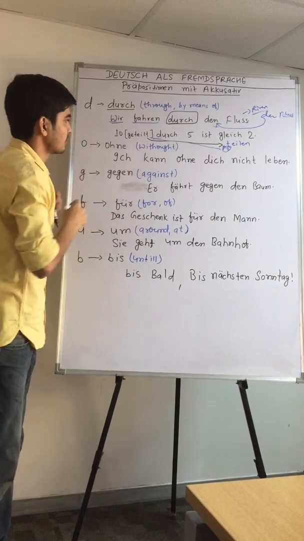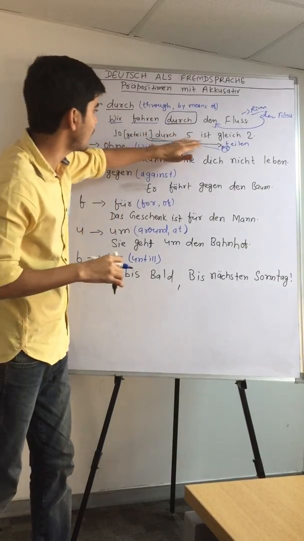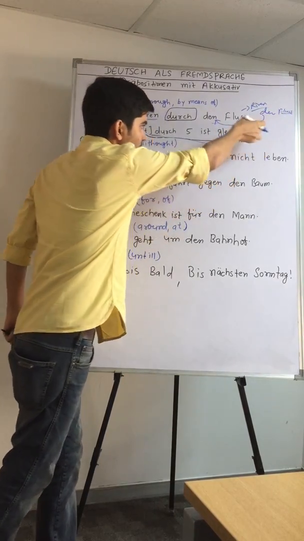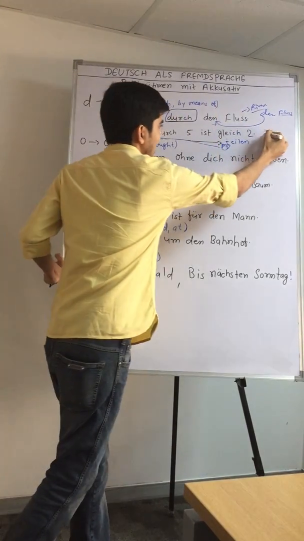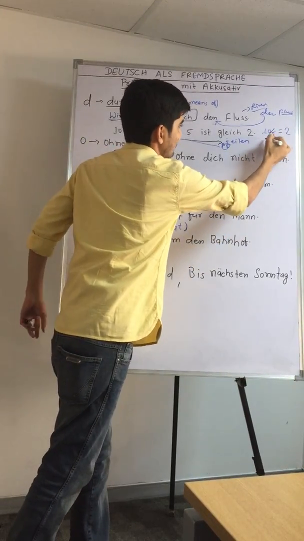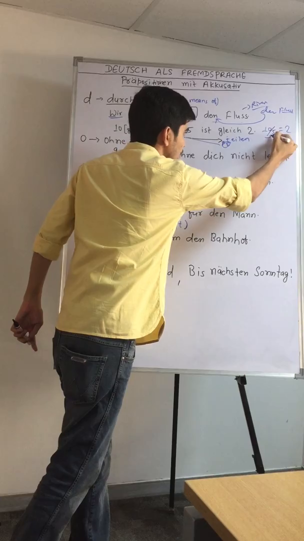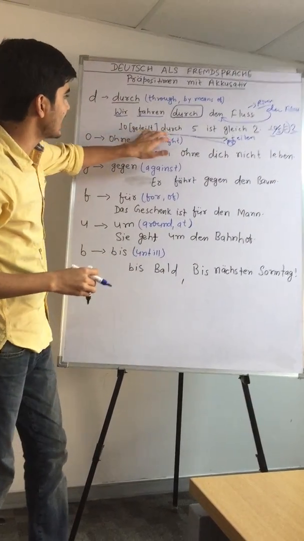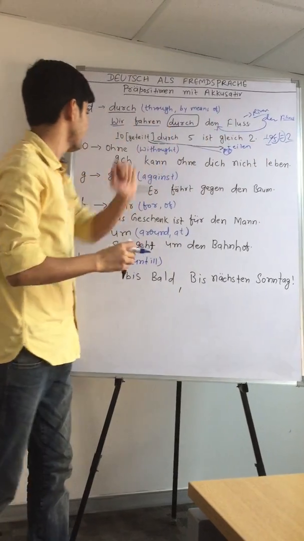So 10 divided by 5 is gleich, equal to 2. Zehn geteilt durch fünf ist gleich zwei.